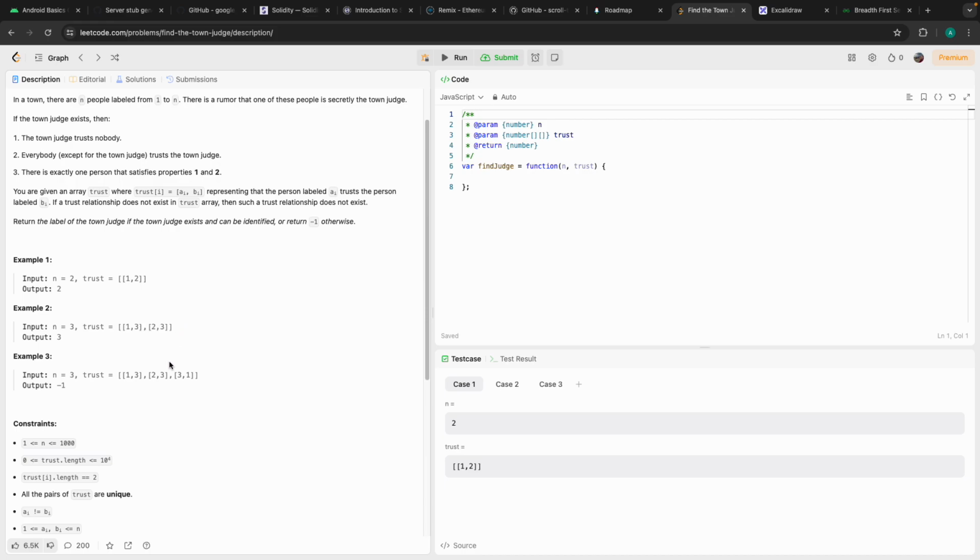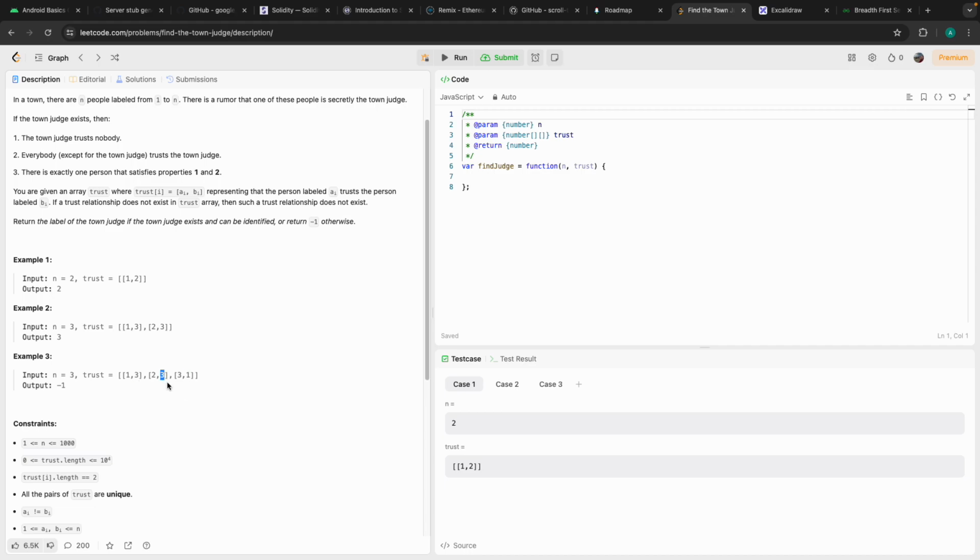Okay, so we need to check that in each pair the second item should be equal, and we can solve it like that.